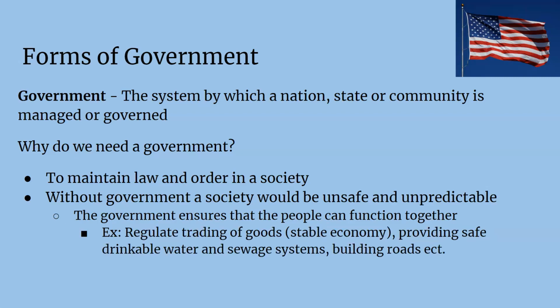Like I said, regulating the trades of goods, providing safe drinkable water, sewage systems, buildings, roads. This is all things that the government provides. So the world would be a pretty scary place without the government.